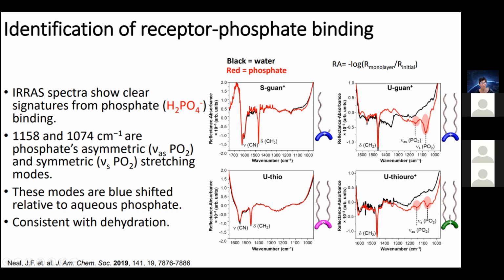It's the solution as a background, and then the spread film on the surface. And so we're only seeing the phosphate that is bound. The thiuronium, we also see change in this region, but certainly not like the euguanidinium, even though the euguanidinium did not give us much response in the isotherms.